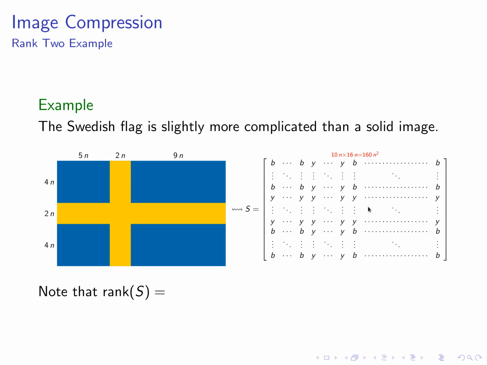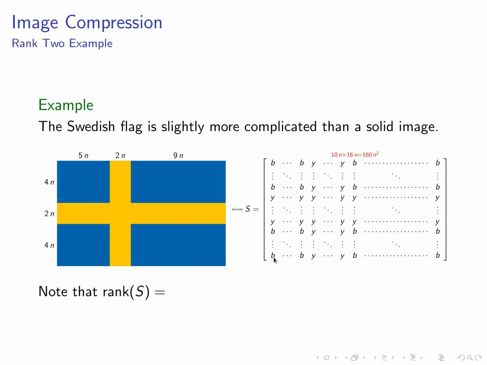If we stare at this matrix for a moment, we realize that it doesn't have a complicated rank. Even though this is a very large matrix, there really are only 2 types of rows. The rows up top and the rows on bottom are actually the same. We start with some blues, followed by some yellows, followed by a lot of blues.